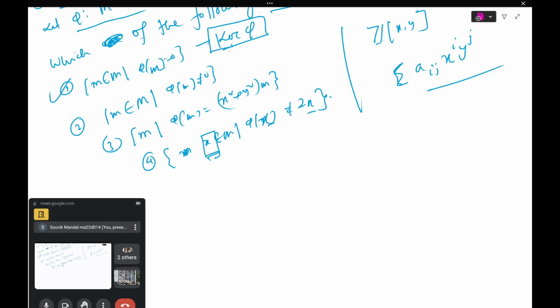It is not satisfying non-emptiness; the zero element does not belong to it, right? Some other element may be equal to zero, but that is not the case, so it's not a submodel. Correct, fine, good. What about option 3?